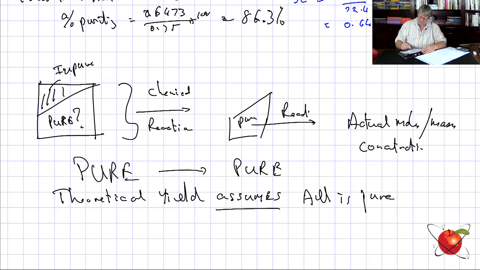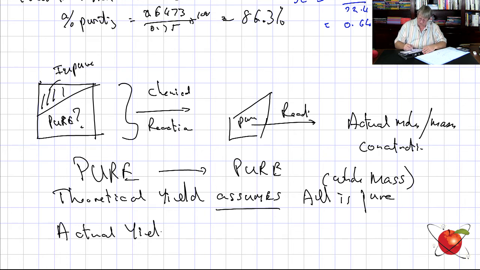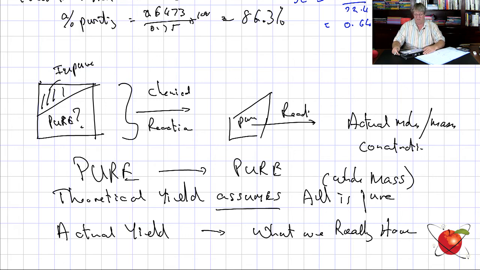So it assumes the whole block, in other words, the whole mass given. That gives us a theoretical yield. And the actual yield is what we really have, isn't it? And therefore the percentage is the actual over the theoretical, right?